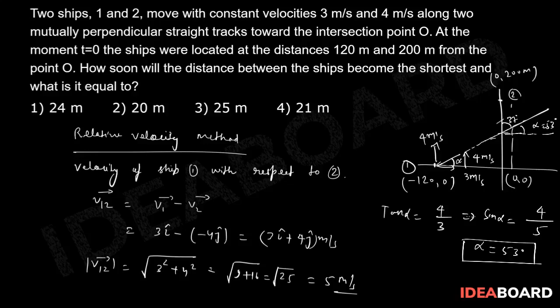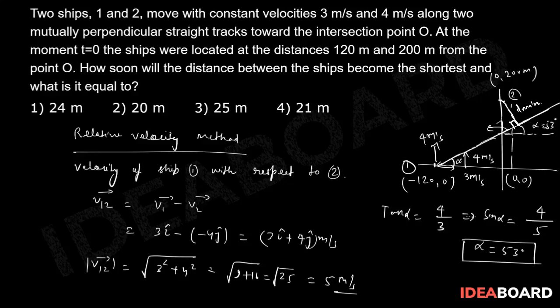Now we want the minimum distance. That means along this line, if you draw the perpendicular from ship 2, clearly you will achieve the minimum distance. Say this is d minimum, right?